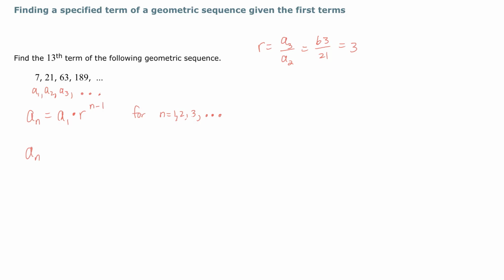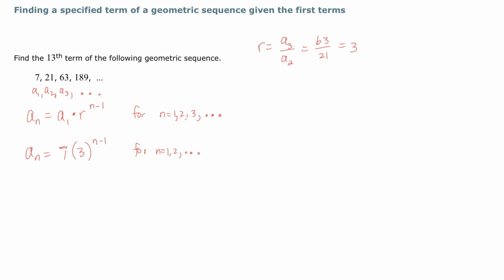So a sub n is equal to 7 times what? Times r. Well, what's r? Let's write r in parentheses. So we got a 7, times 3 to the n minus 1. And make sure you write the domain for n equals 1, 2, 3, dot dot dot. Very, very nice.